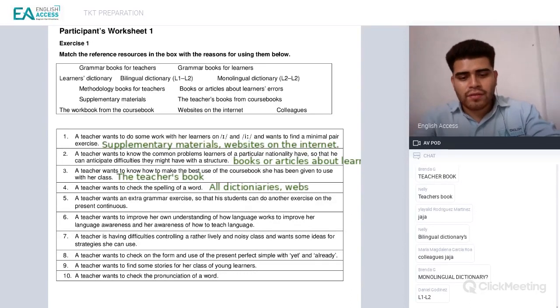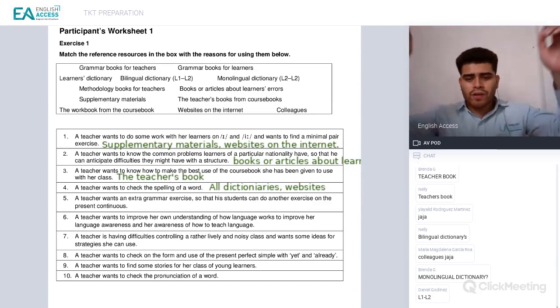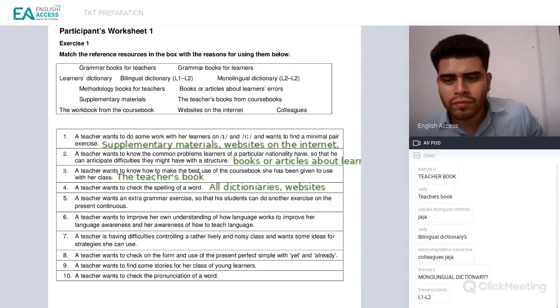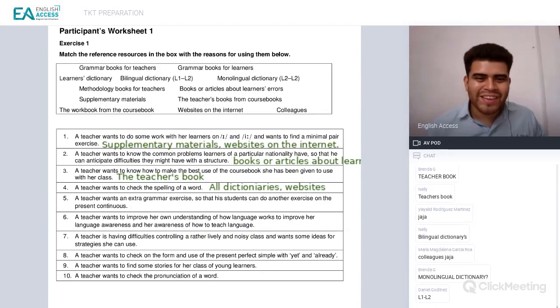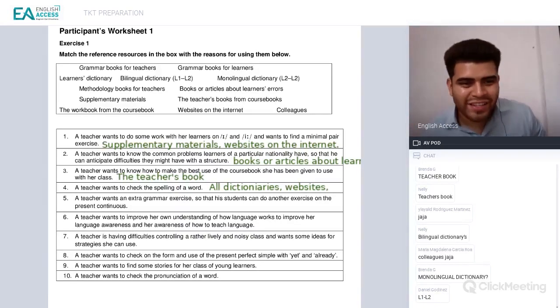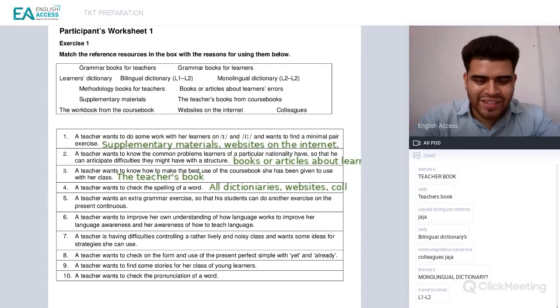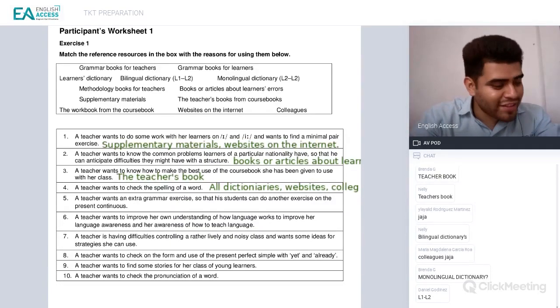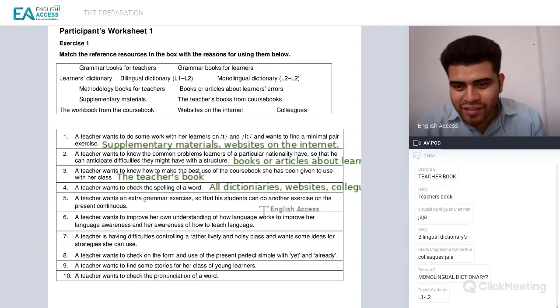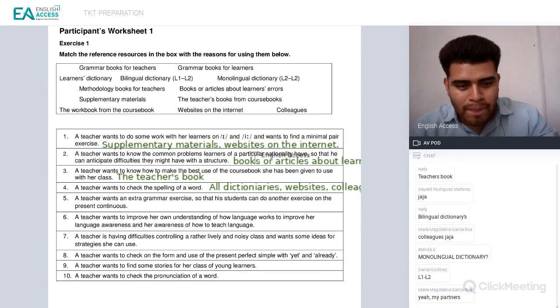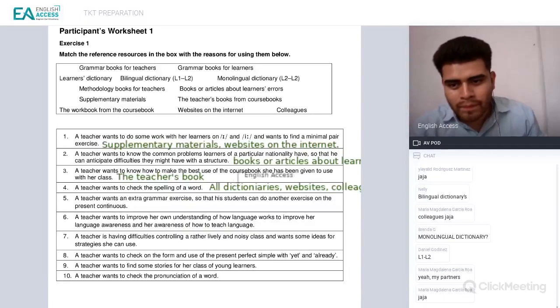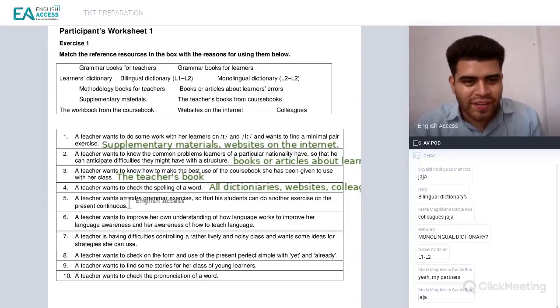Maybe websites, you know, if you Google, how do you pronounce this word? Magdalena, colleagues, maybe. Very good.